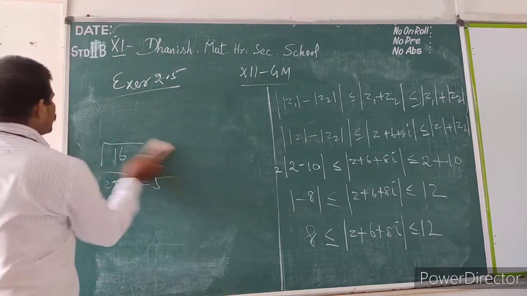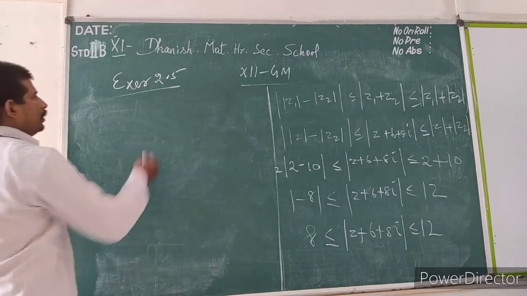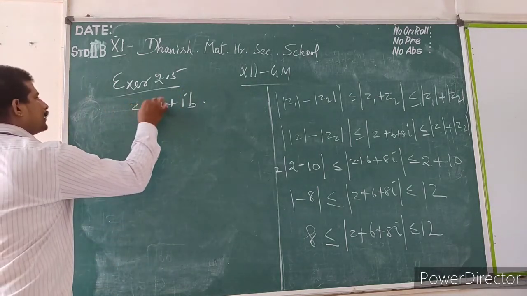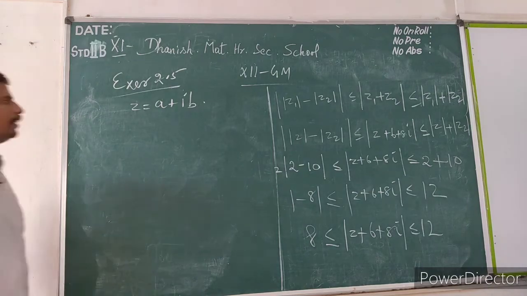Suppose I have a complex number z equal to a plus ib.